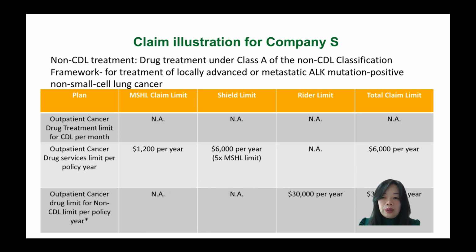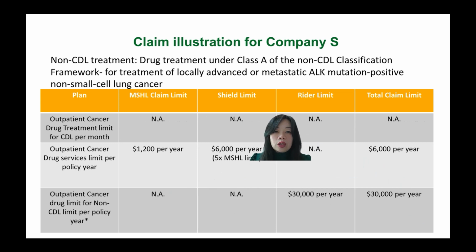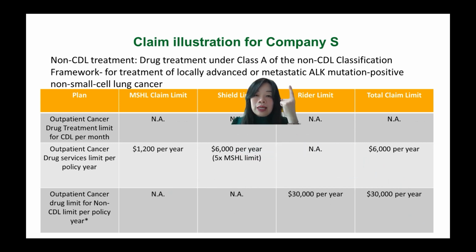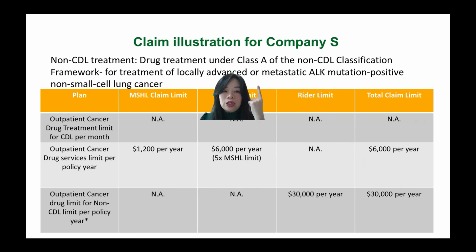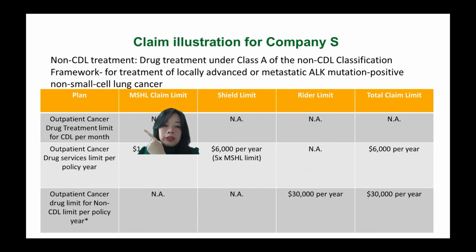Assuming the non-cancer drug treatment medication has been used, it has to be under the class A to E of the non-CDL classification framework. In this case, this drug is from class A, to treat this particular lung cancer. So not applicable for this component since it's talking about CDL.